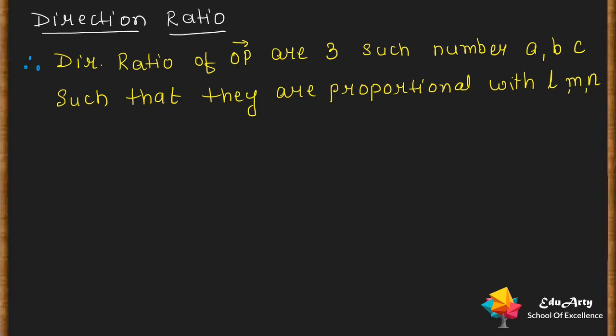What does that mean? When they are proportional, it means l by a is equal to m by b is equal to n by c, correct?